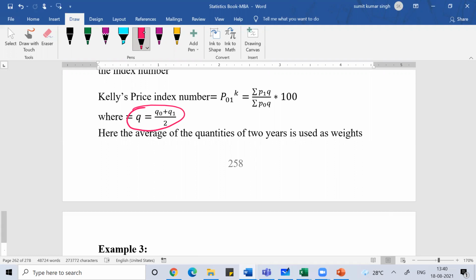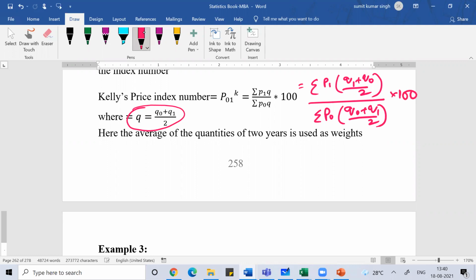So the formula is sum of P1 Q by sum of P naught Q into 100. Q is the average of the two quantities. This formula is actually sum of P1 into Q naught plus Q1 by 2, divided by sum of P naught into Q naught plus Q1 by 2. The value you get, multiply with 100.